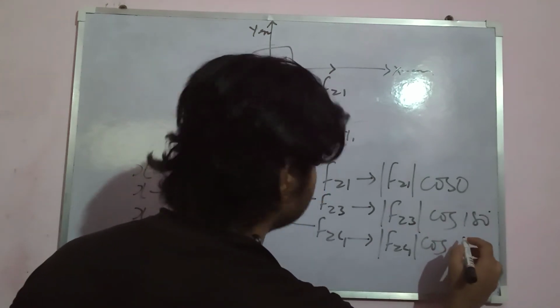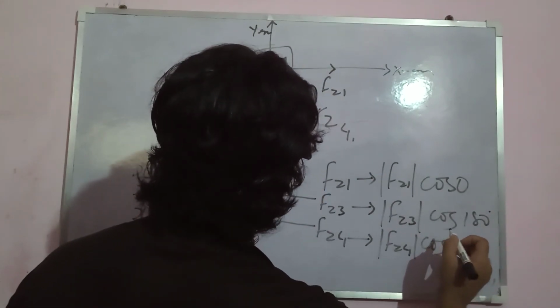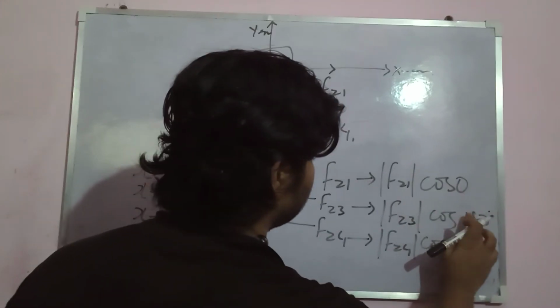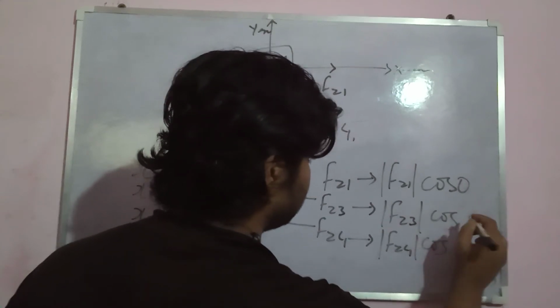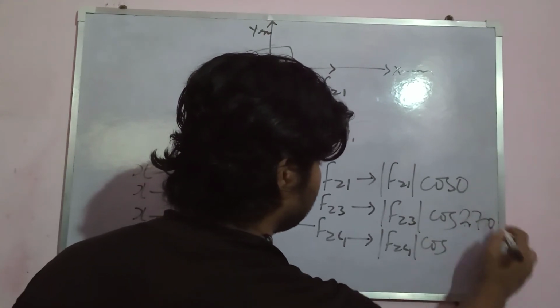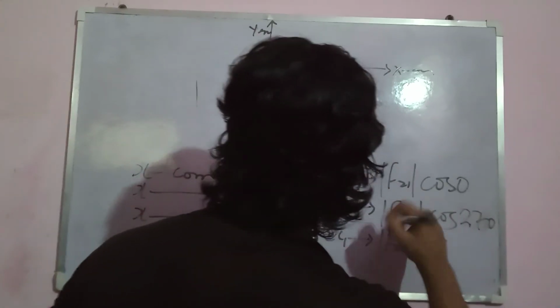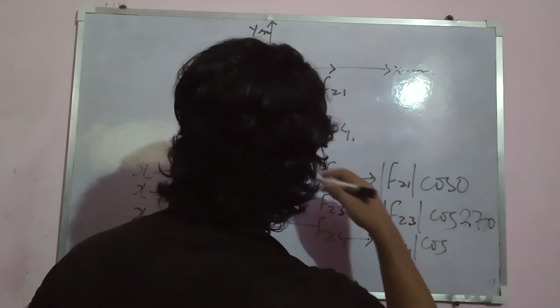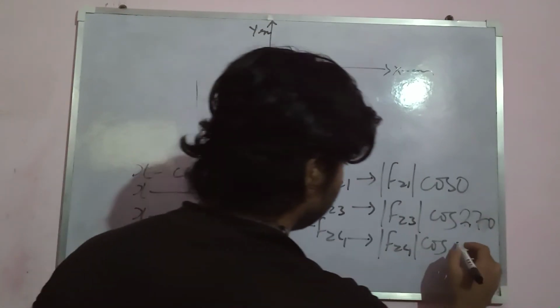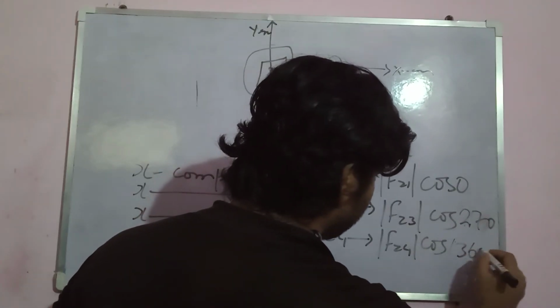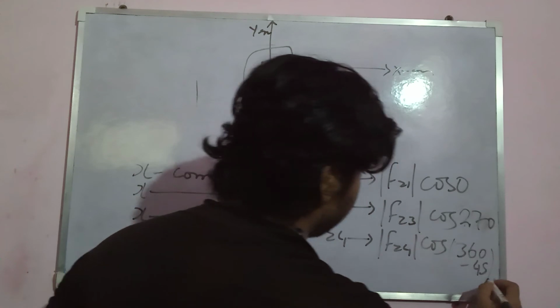There was not 180, there was 270. Oh, sorry, yes, that was 270. Or you can go through this side. It's actually diagonal, so 360 minus 45.